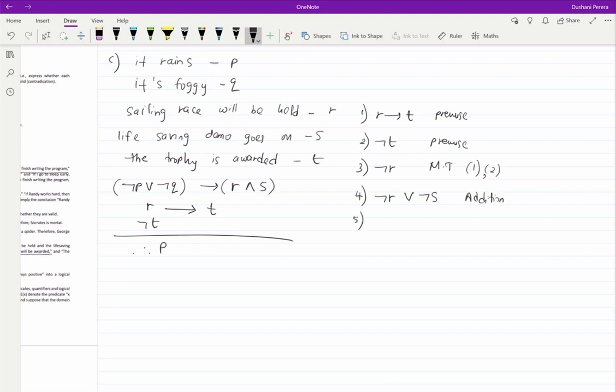And then what I do is I'm going to use De Morgan's law on the fourth, and I'm going to take negation out, and I'm going to write R and S, which is using De Morgan's law on 4.